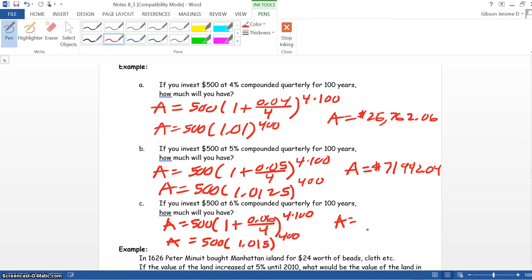And your final answer would be A is equal to $192,924.29. Again, $192,924.29 is your final answer.